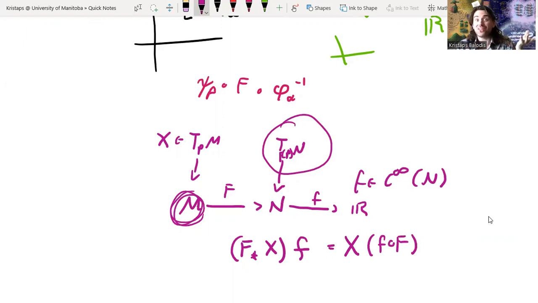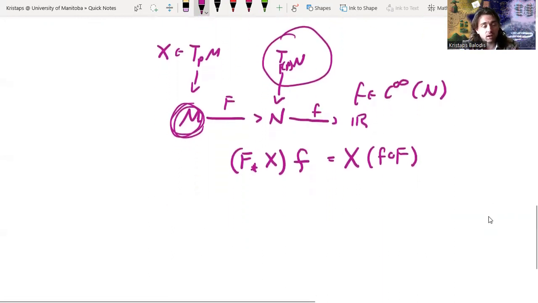So therefore, X can act on this composition. And again, I'll point you to Lee's Introduction to Smooth Manifolds to see the proof that this is in fact a derivation, although it's relatively straightforward to carry out.